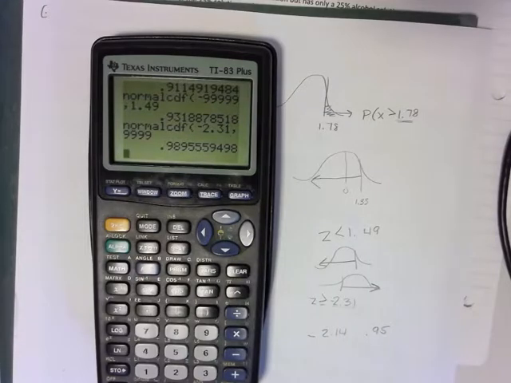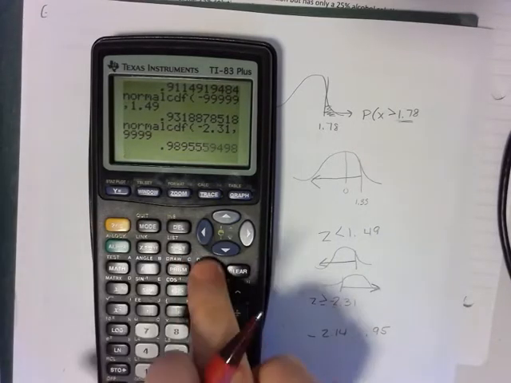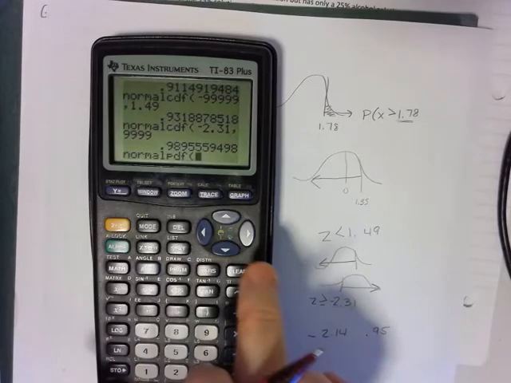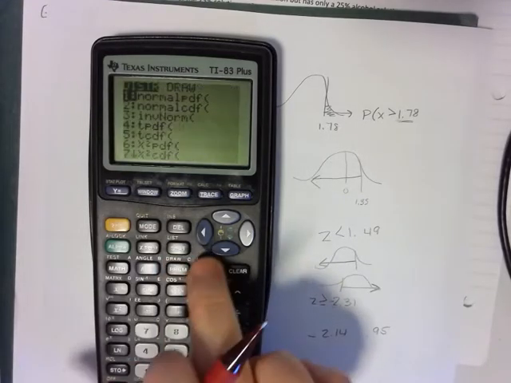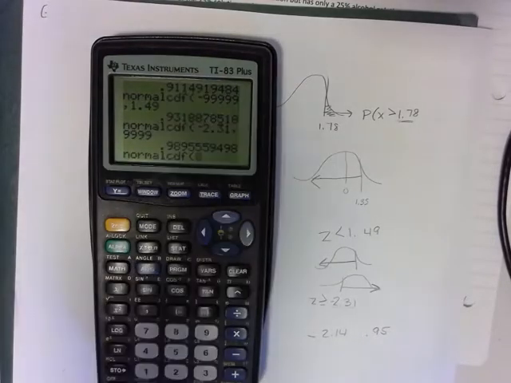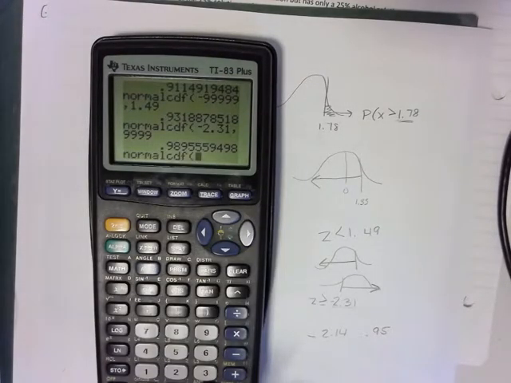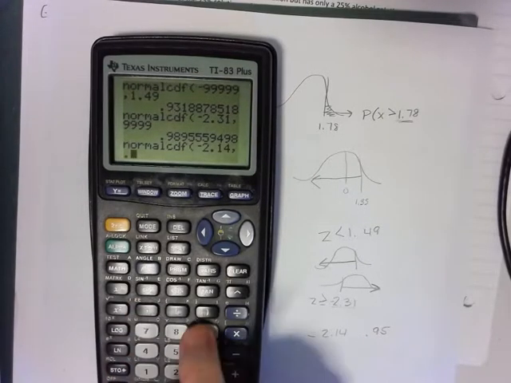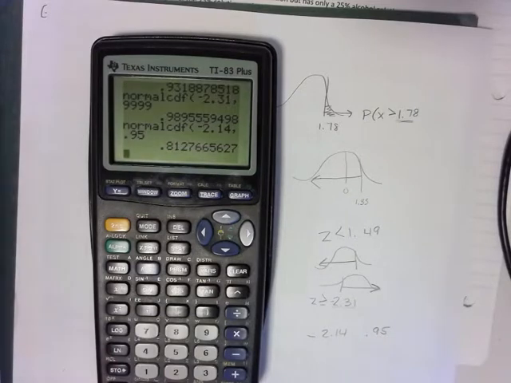So when I go to my second vars, normal CDF, I'm going to type in my lower bound of negative 2.14, comma, my upper bound of 0.95, enter. And there is my probability, my area, my proportion. They interchange all of those words.